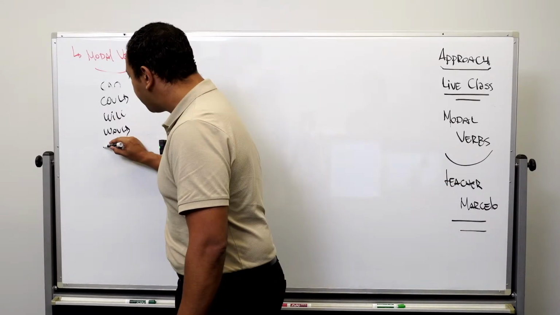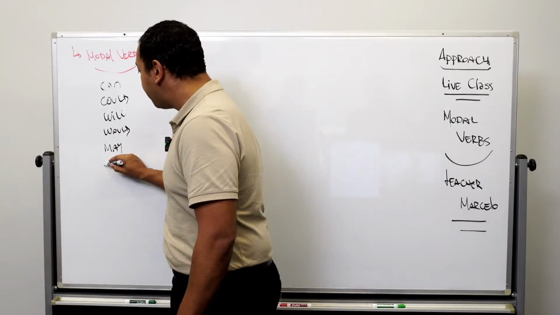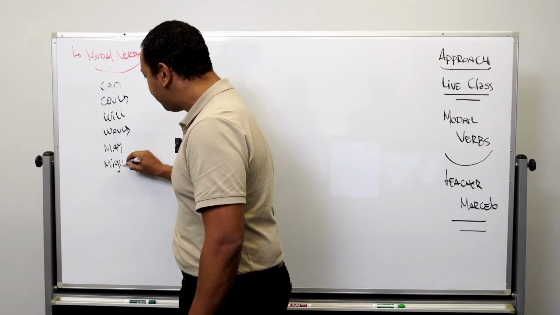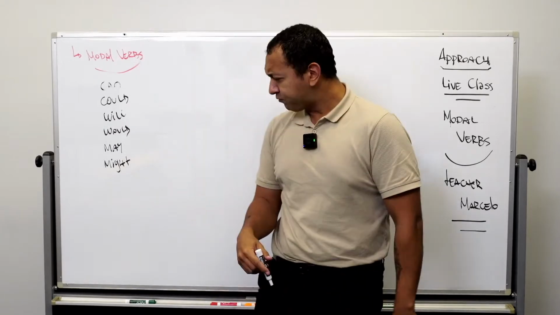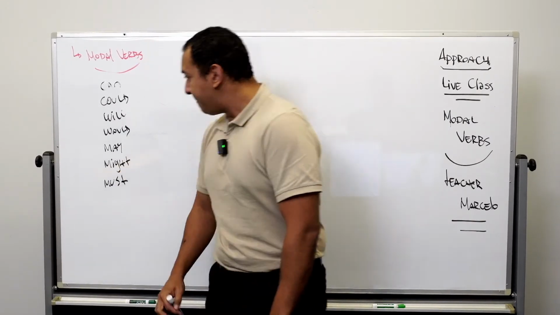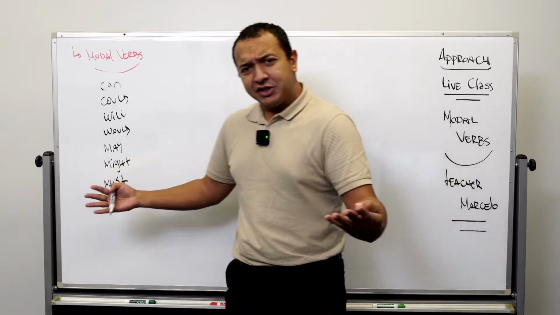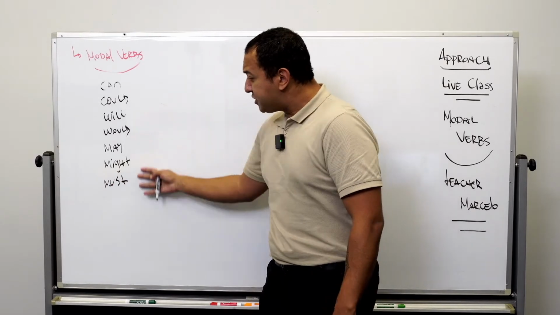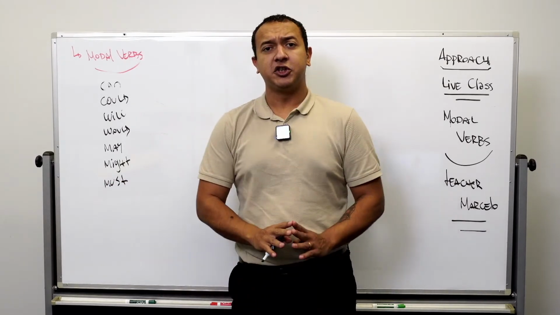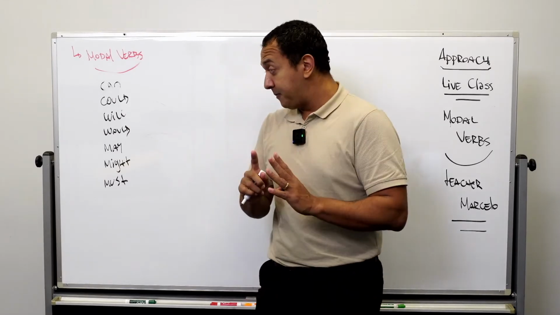We have the word may, that indicates possibility and permission, might, also possibility, must, that indicates necessity, prohibition, obligation. So all of these words here, guys, are considered modals, okay? They are modal verbs.